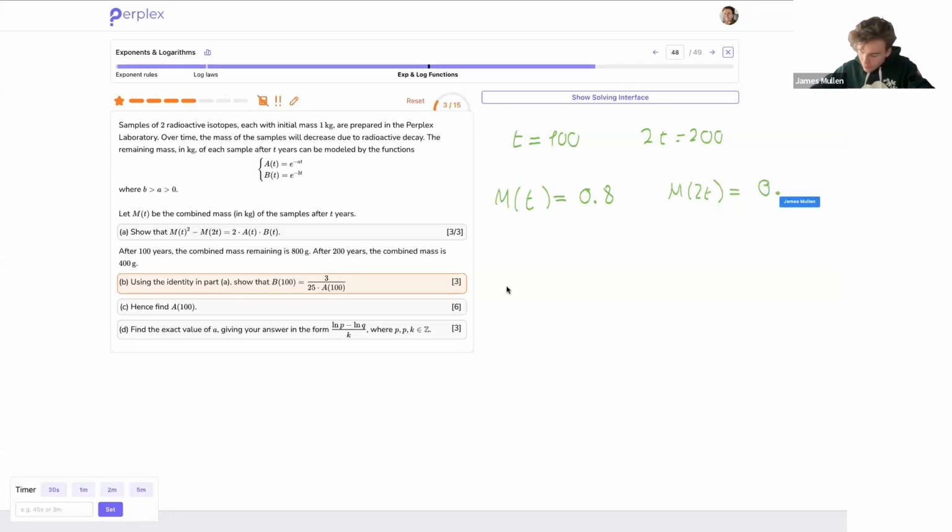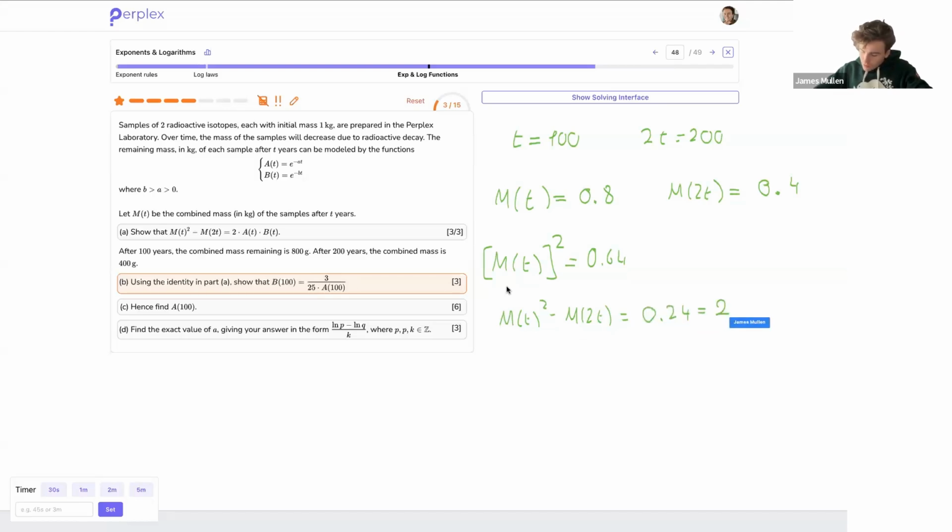and that m of 2t is equal to 400 grams, so 0.4. And I have an identity from part A that says if I take the square of this and I subtract the second one, I should get twice the product of the individual masses. So if I do m of t squared, I get 0.64. And then I subtract m of 2t, and that's going to tell me that m of t squared minus m of 2t is equal to 0.64 minus 0.4, which is 0.24.